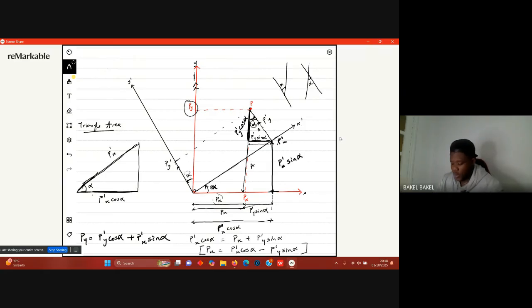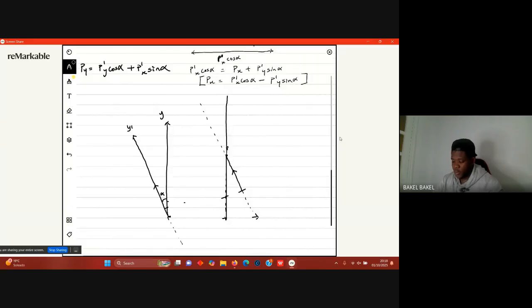Okay, now we have two equations. Scroll up. Those two equations, let me get these out.